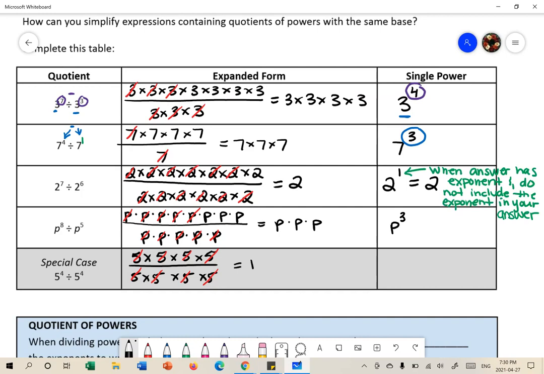Writing that in a power is 5 raised to 0. When your exponent is 0, it'll always equal 1. Okay, so when you get an answer of a base raised to exponent 0, you're going to simplify it to 1.